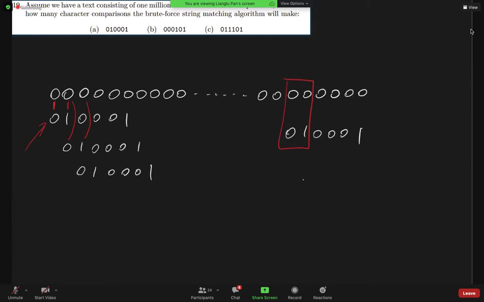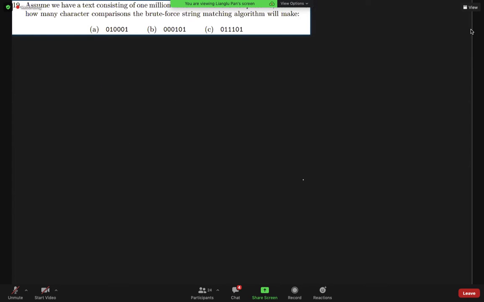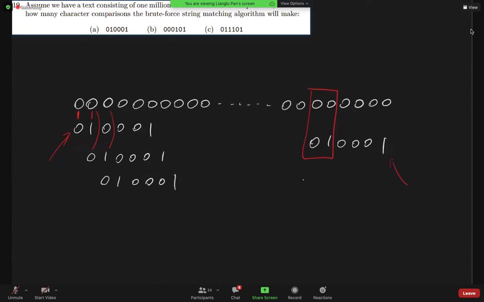Of course, the first one is here, and the last one is here. This is the second possible placement. This is the third possible placement. If you want to find out how many possible placements in total, maybe you can look at the first 0 in the pattern. The first 0 can be aligned with the first 0 in the string, the second 0, the third 0, and all the other zeros until this 0.